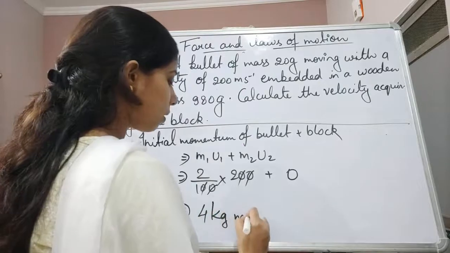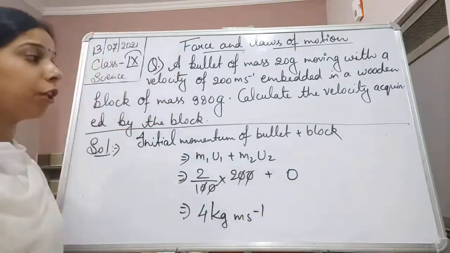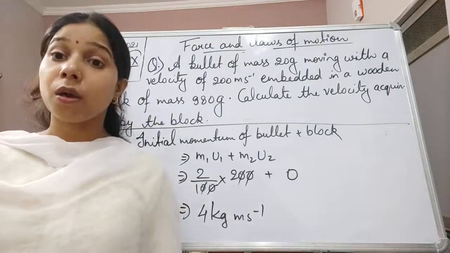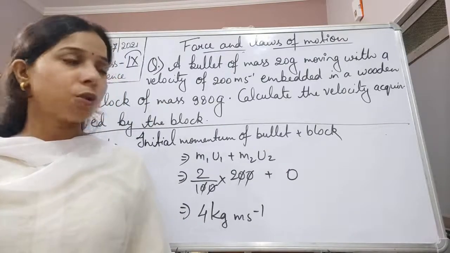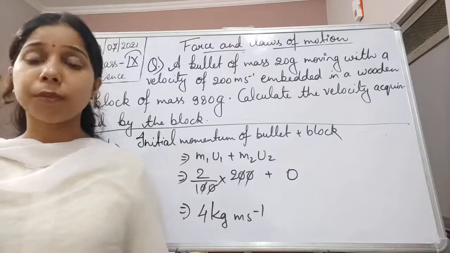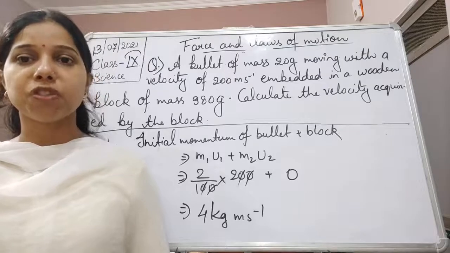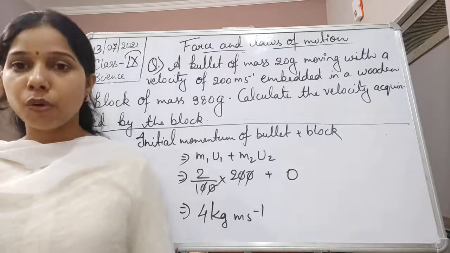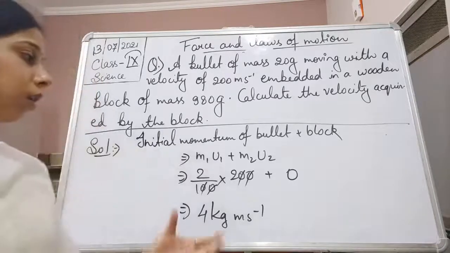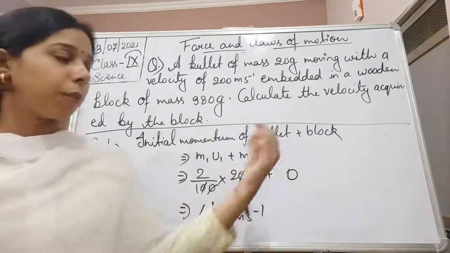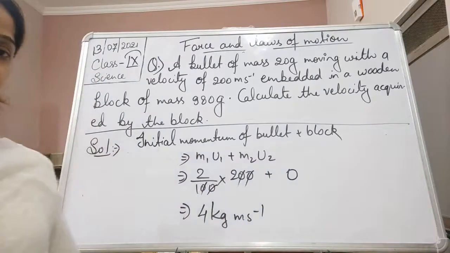This is the total initial momentum of the bullet plus block. Why have we written 0 here? Because at this time the bullet has not entered into the block and the block is at rest, due to which the velocity is 0, and so the momentum of the block also becomes 0.